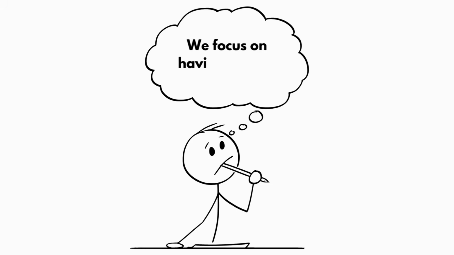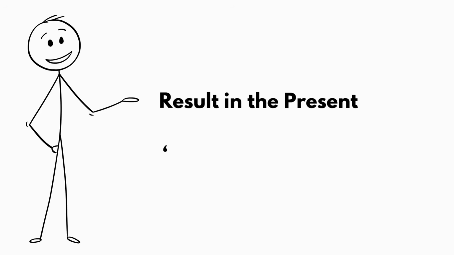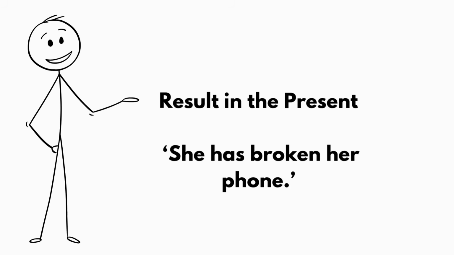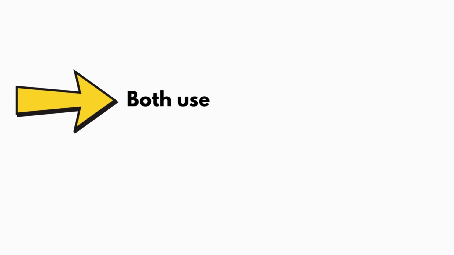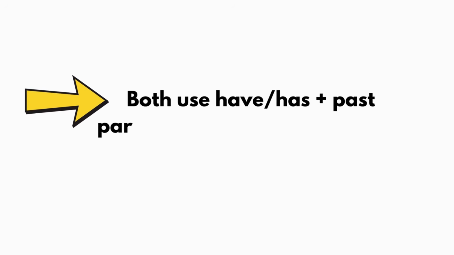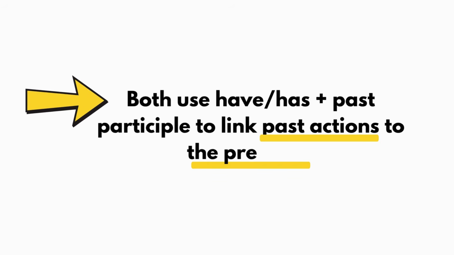We focus on having read it, not when. Result in the present. She has broken her phone. Her phone is broken right now. Both use have and has plus past participle to link past actions to the present.